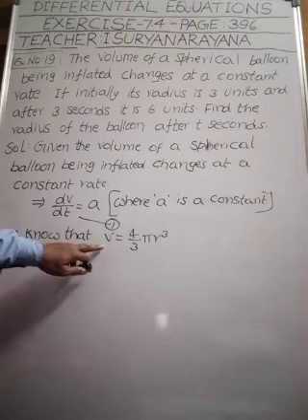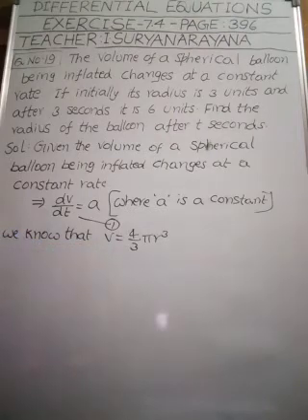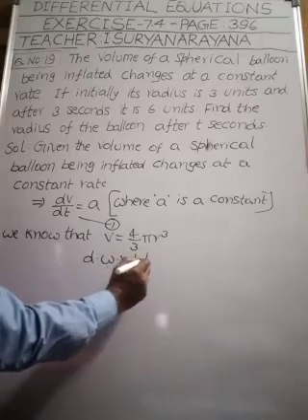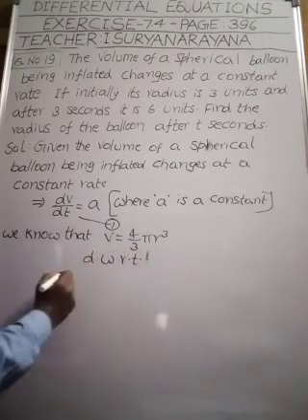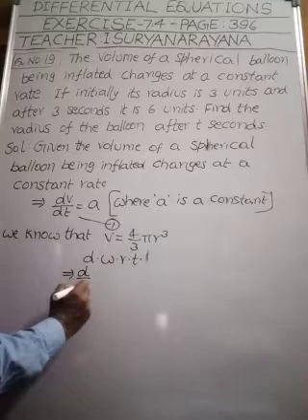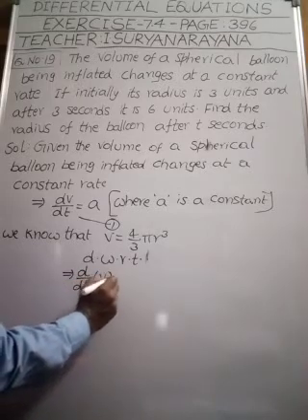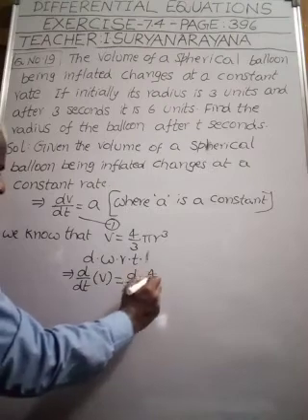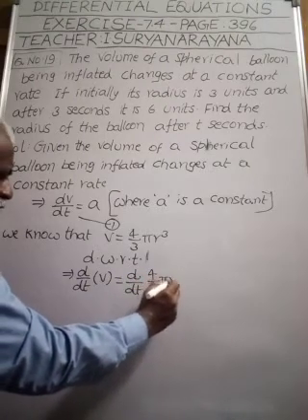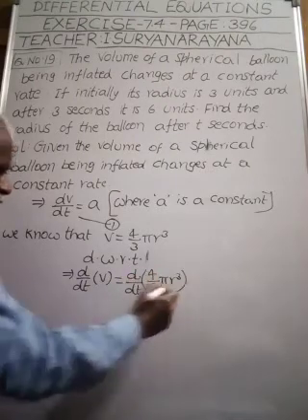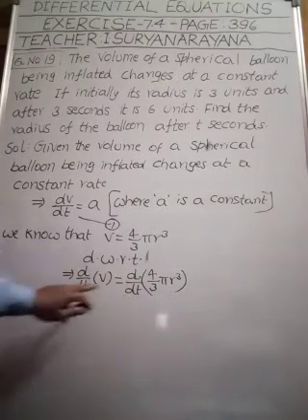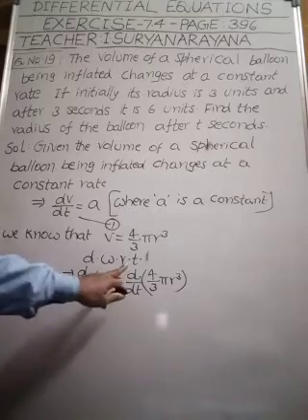Let us find dV by dt, differentiating with respect to t. Okay, my children. Then d by dt of V is equal to d by dt of 4 by 3 pi r cube. Here the differential operator is d by dt.